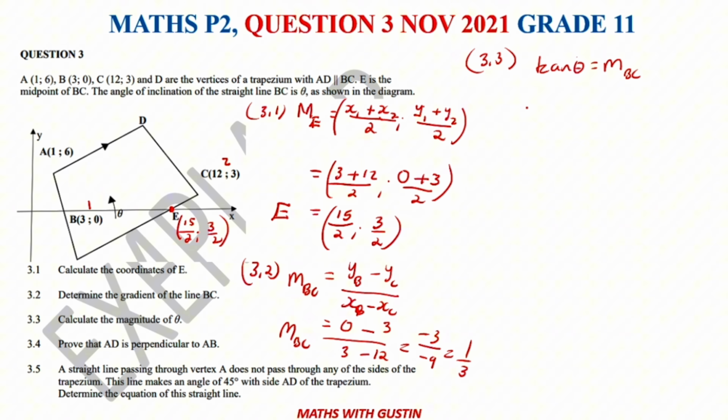Remember, the angle of inclination is the angle that the line forms with the x-axis. So theta is equal to tan inverse, the second function on our calculator, of 1 over 3, which in this case gives us 18.43.